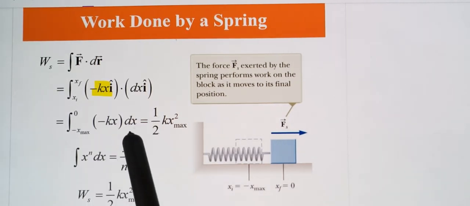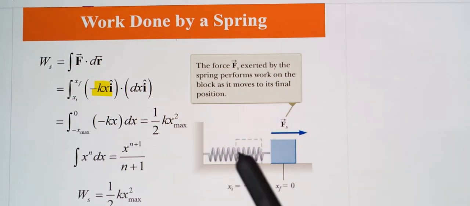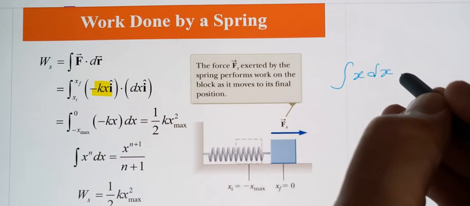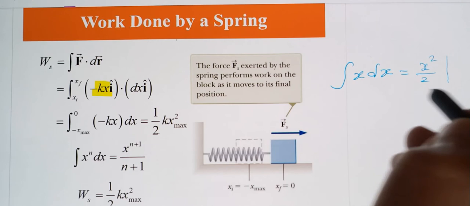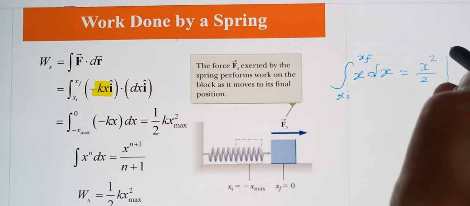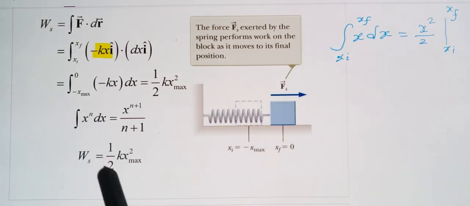And what is the integration of x dx? It's x squared over 2, from xi to x final. So the integral of the force of the spring will give me half kx squared.